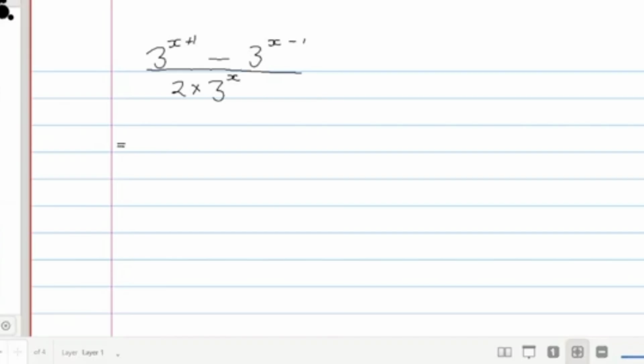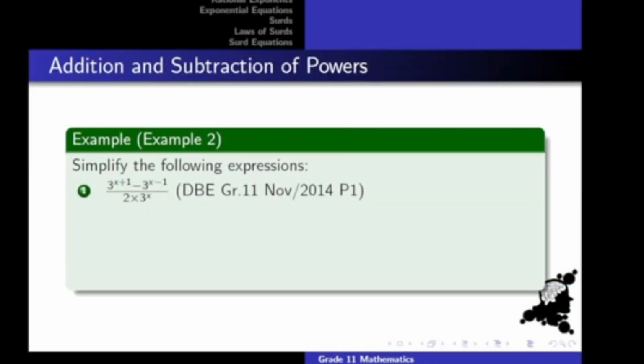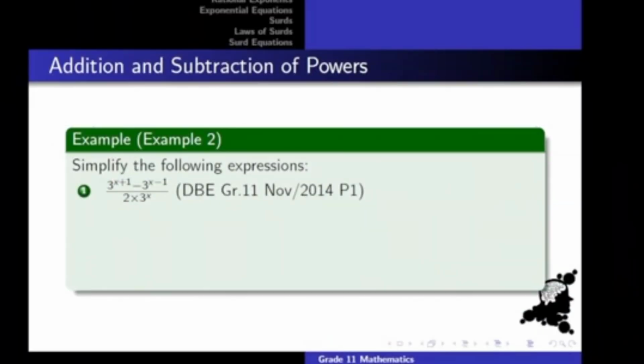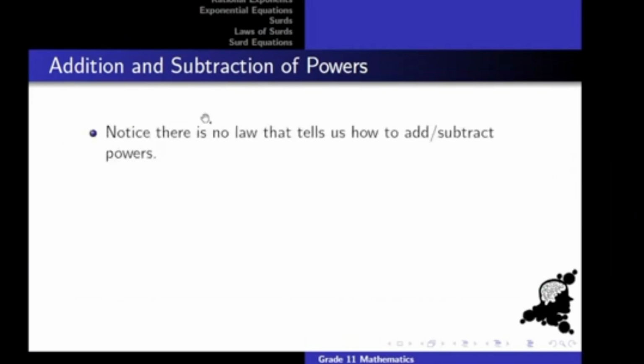And then the first step from the steps that we previously mentioned is that we must first make our bases to be the same.